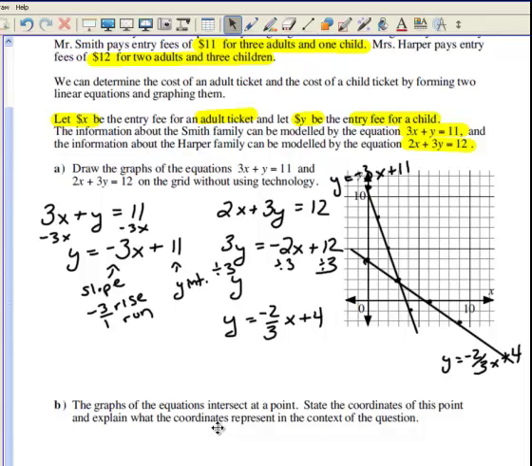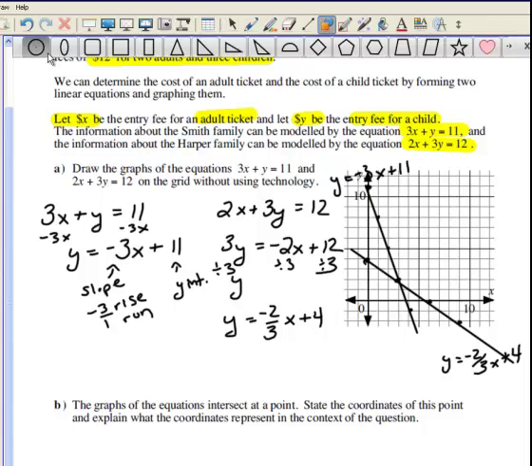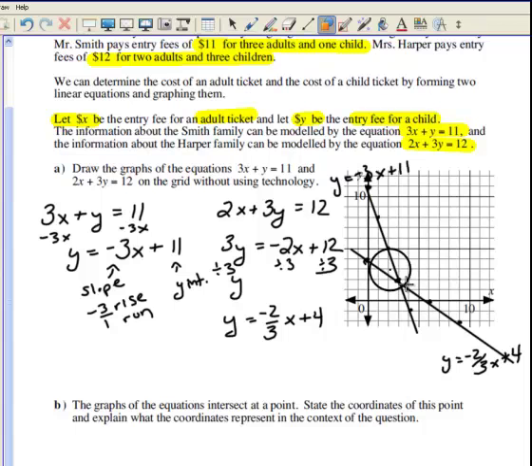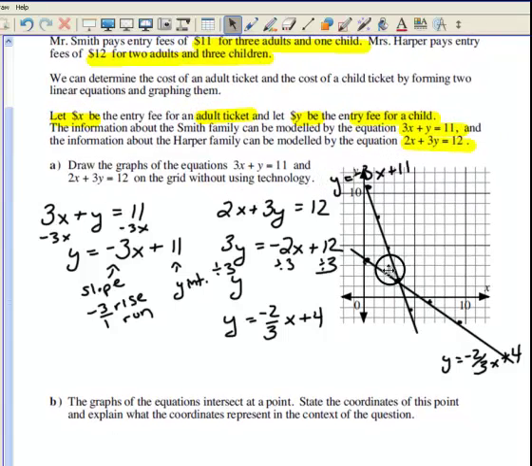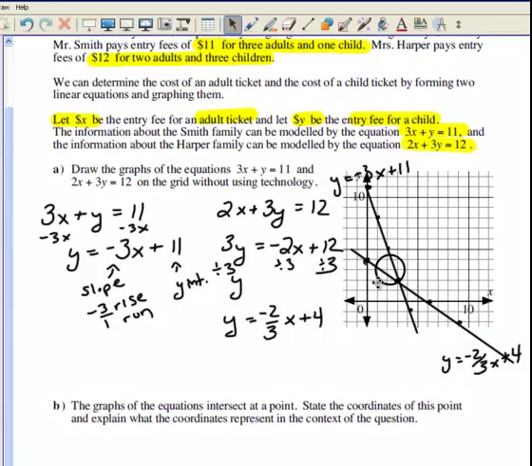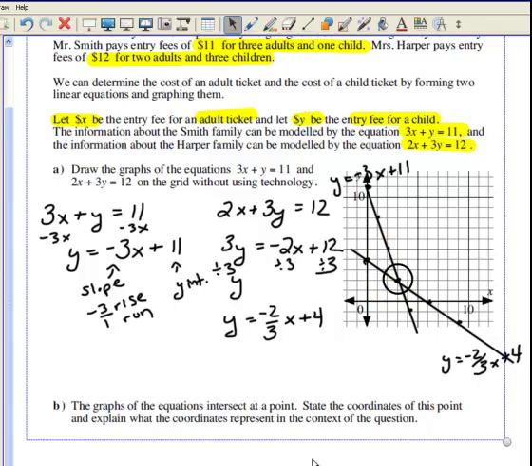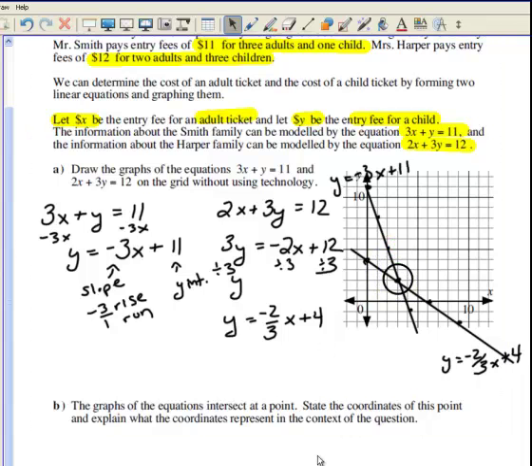Well, in this case, whenever I graph two equations, the point where they meet, and I'll just put a circle there, is the point where the two equations are equal to each other.